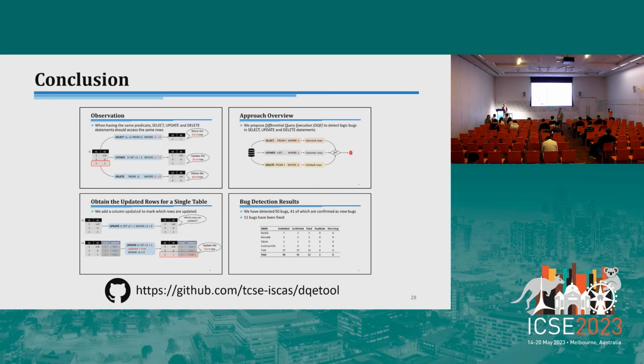Do you mean how we generate the database or the queries? Maybe both. Actually, there are many existing works for database and query generation. We adopt SQLancer to generate our database and the queries. They do great work for both functions.